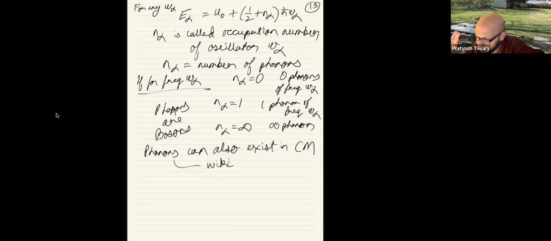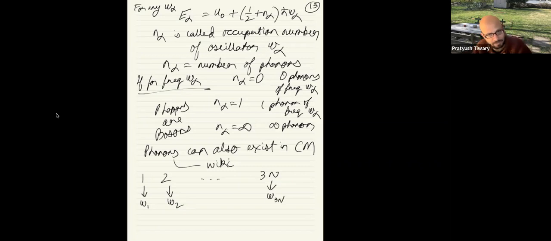So this is the idea here, that every omega alpha corresponds to a certain type of phonon. Every frequency corresponds to a certain type of phonon. And depending on the occupation number, you say how many phonons you have of that frequency. So let's look at the big picture here. We have atom number 1, atom number 2, going up to atom number 3n. This one is oscillating with a frequency omega 1, this one with a frequency omega 2, this one with the frequency omega 3n.